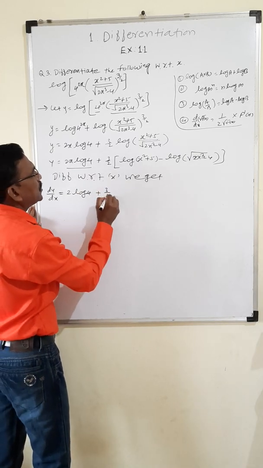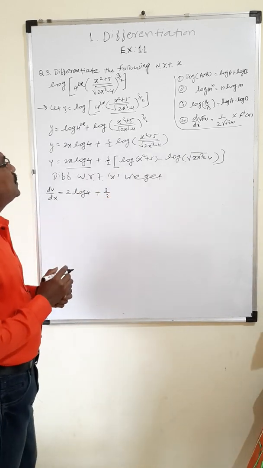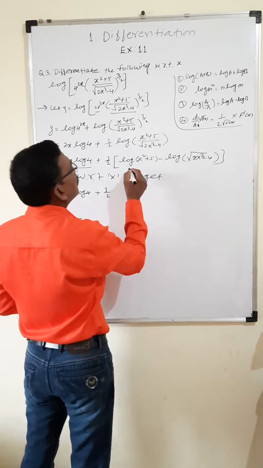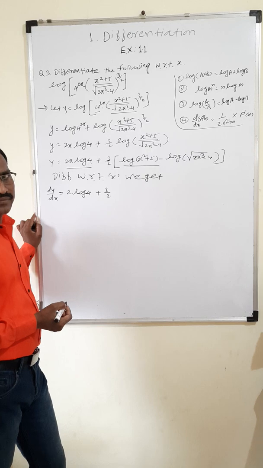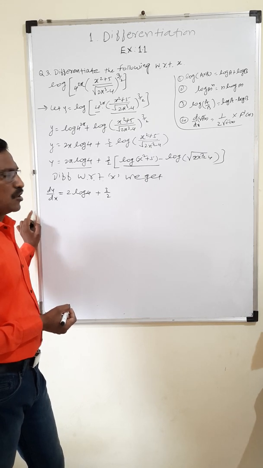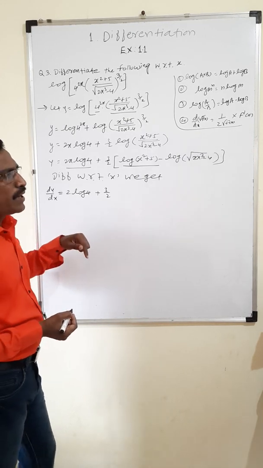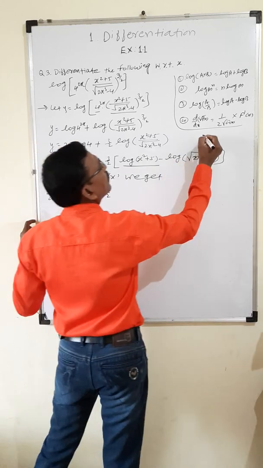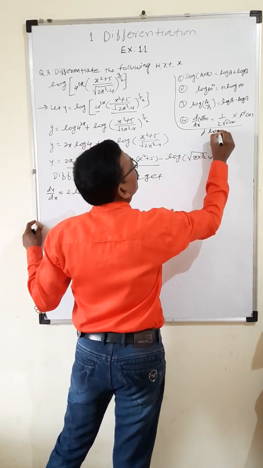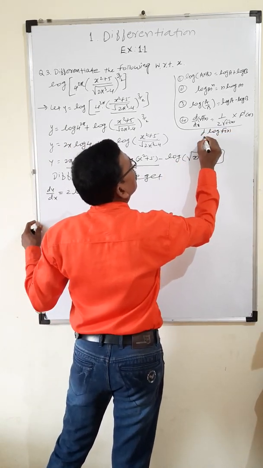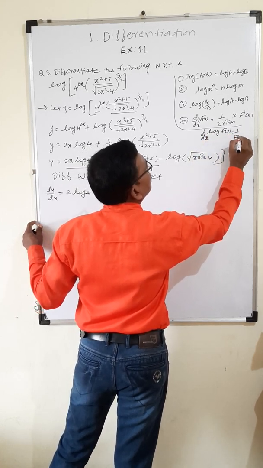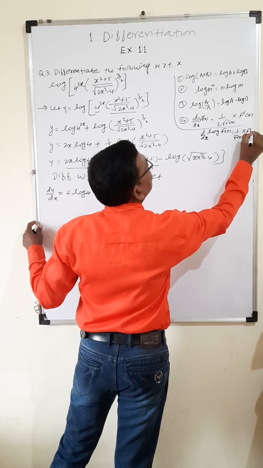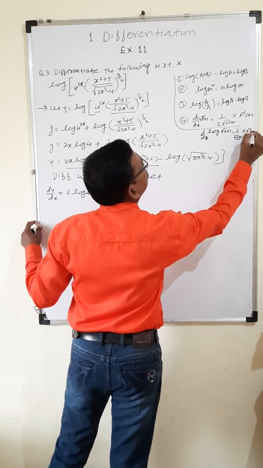Plus 3 by 2 into here a derivative of this log of x square plus 5. Derivative of log f of x is 1 by f of x into f dash x.